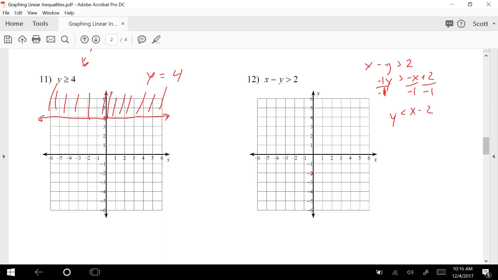Negative 2 is my y-intercept. X, well, that would be like 1 over 1x. So up 1 over 1, and so forth. It's going to follow that line, and that will be a dashed line. We know y is less than that, so less than goes down from the line.